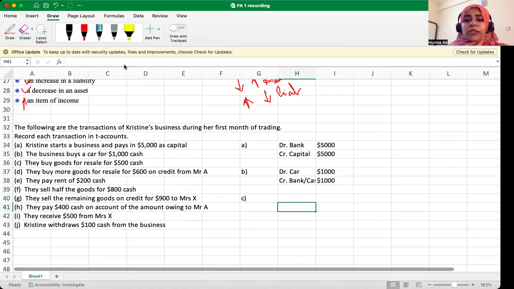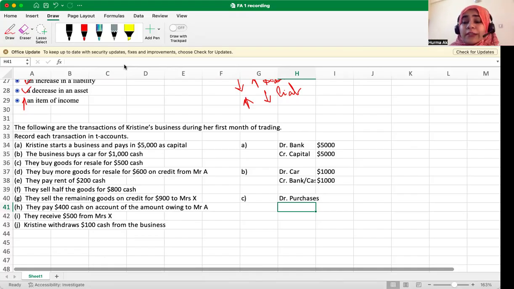The third one is they buy goods for resale for 5,000 cash. So it's something similar to my very initial example, isn't it? Can you all tell me what this is going to be? That's right. Debit purchases. We'll open a purchase account here because we are buying goods for my business.